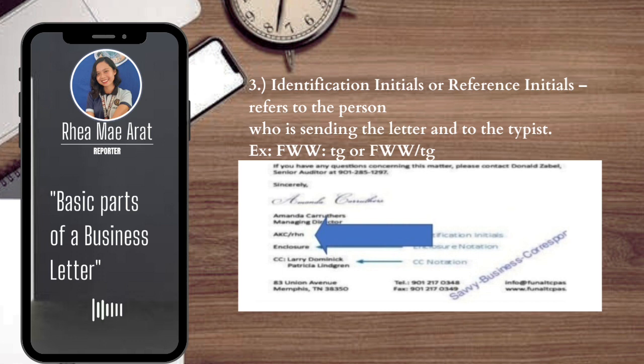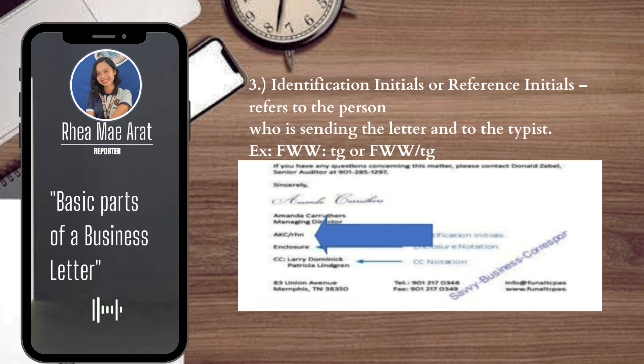So just like here in the example, the capitalized letters, FWW, is the name or the initial of the sender. While the lowercase letters TJ is the initial of the typist or the person who typed your letter.